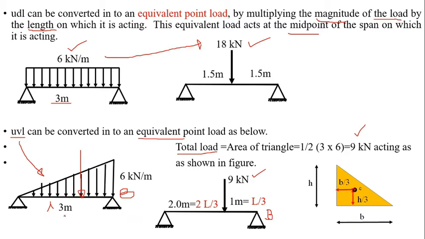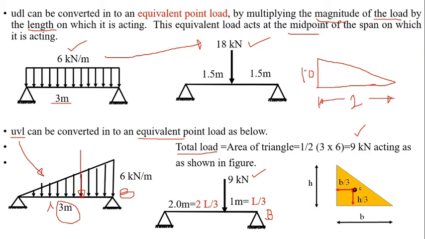Okay. Now, if suppose the length of the beam is 8 meter, then the load will be acting at a distance of 8 by 3 from B. 8 by 3 from B, and if the load is distributed like this, suppose like this. Now, the maximum intensity is to the left, okay, and this base is equal to now say 2 meters, and now equivalent point load is equal to, suppose this is 10, 1/2 base 2 into height 10.